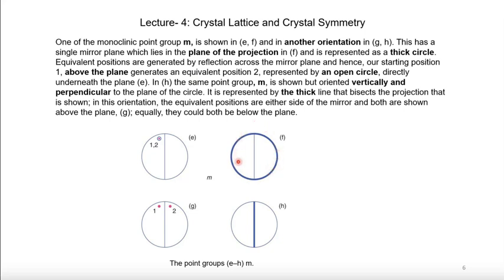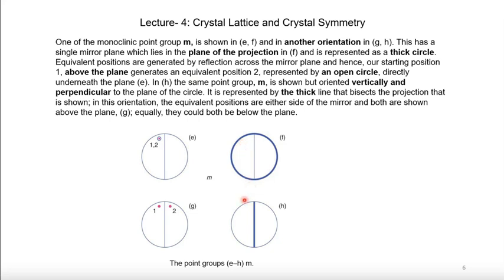And due to this mirror plane, we get 2 equivalent points, one lying below the other. If this one is above the plane, the other one, a solid circle, is below the plane. Those are the 2 equivalent points projected due to this mirror plane in the plane of projection.